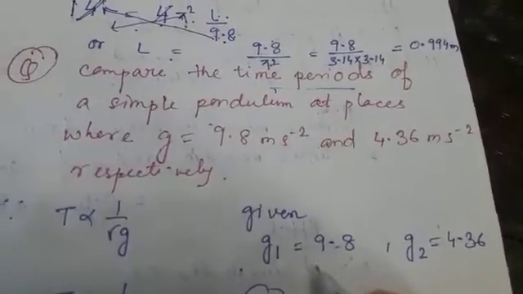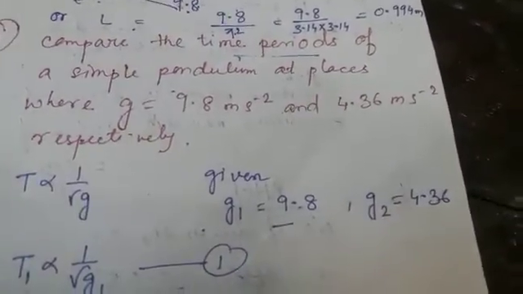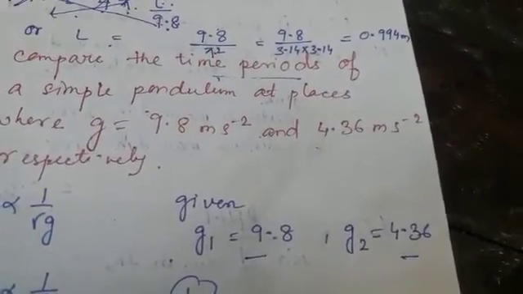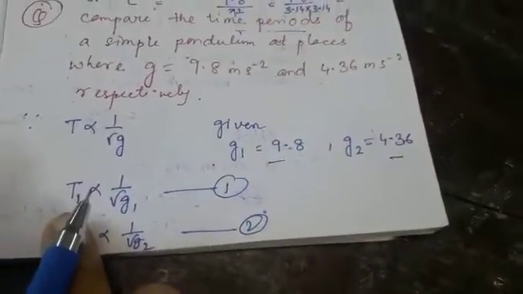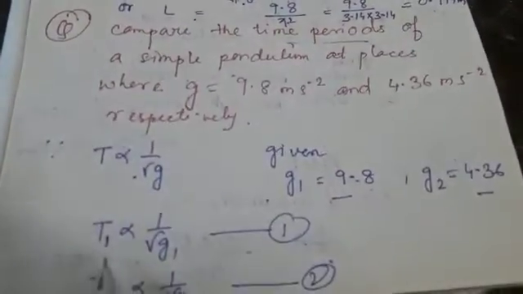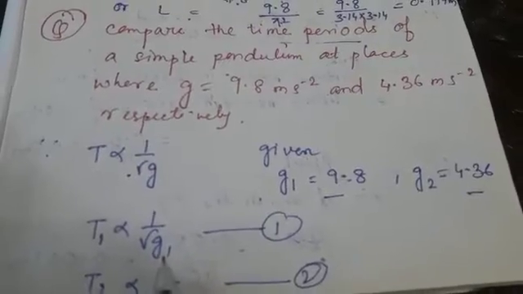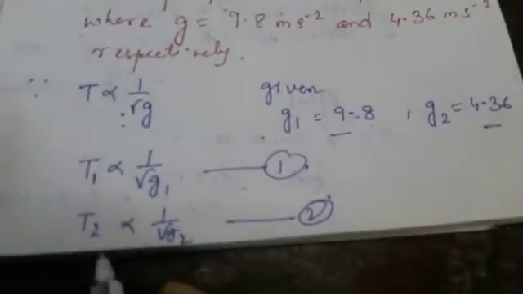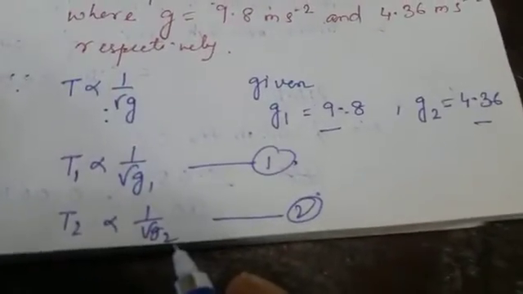So now see students, they have given g1 equal to 9.8, g2 equal to 4.36, right? And they are asking you to calculate T1 by T2 simply. So if we consider the first time as T1, then by this formula T proportional to 1 by root g, we can write T1 proportional to 1 by root g1, right? Let that be equation 1. And again from this main formula T2 is proportional to 1 by root g2.